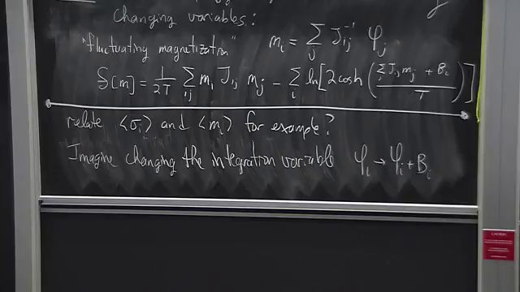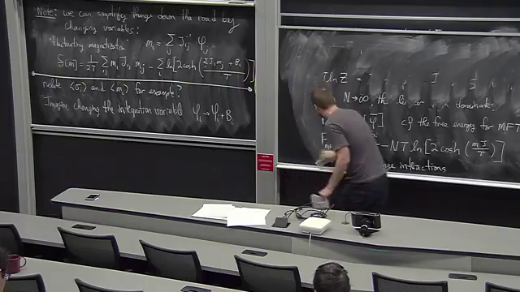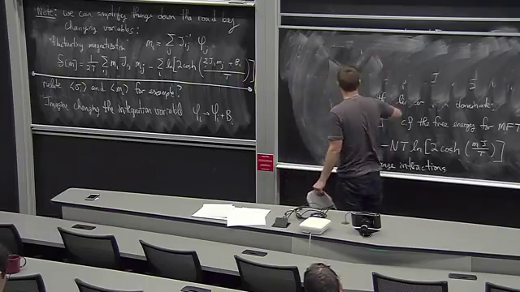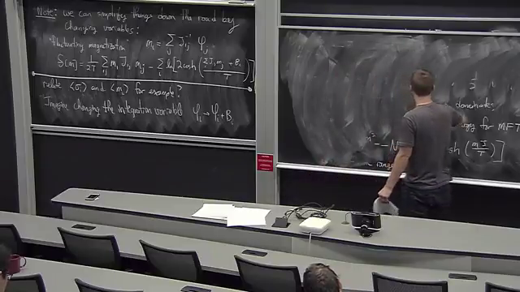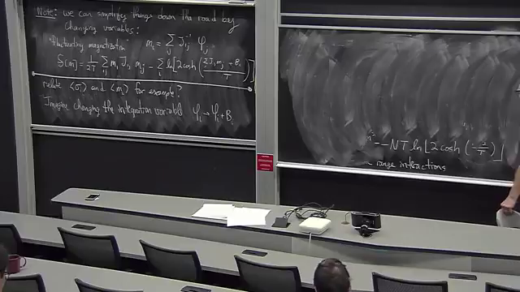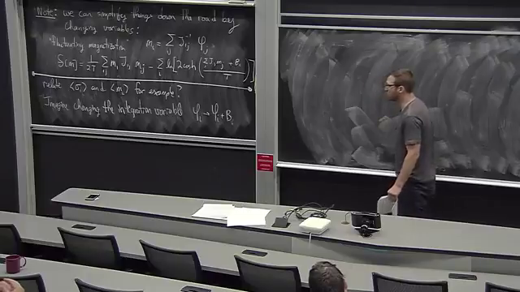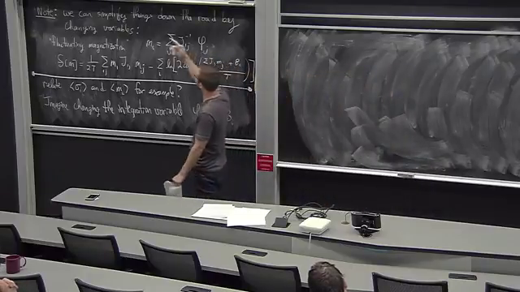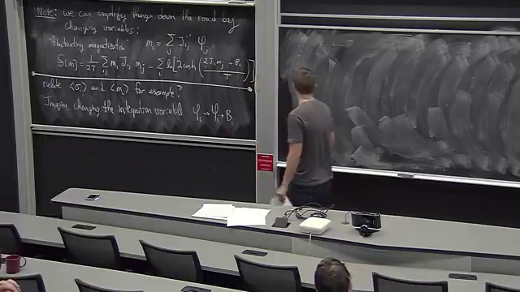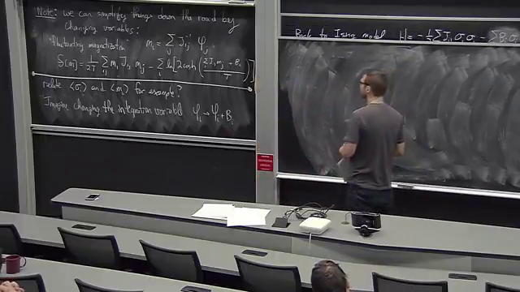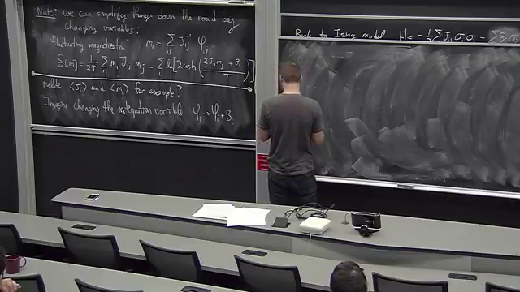So if I did a change like that, what I would get is just an action that looks a little different. So you can basically always change these. You can always do these types of transformations on the field variables. You just have to take care of the Jacobian. You gotta just not forget about the Jacobian in the functional integral. Otherwise, any of these change of variables essentially don't matter. So which one am I doing here?